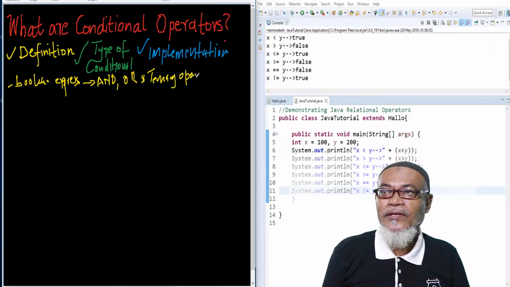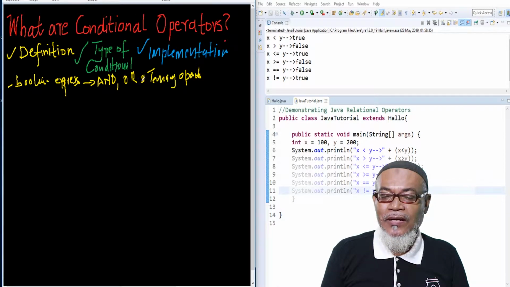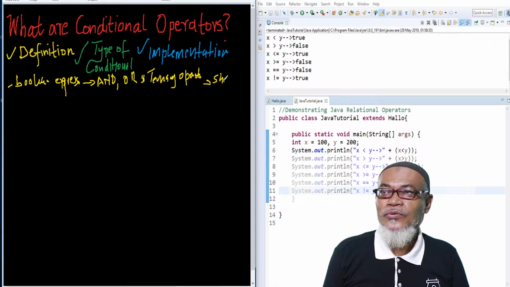The ternary operator has three operands, and the conditional and and the conditional or exhibit what we call short circuit behavior.